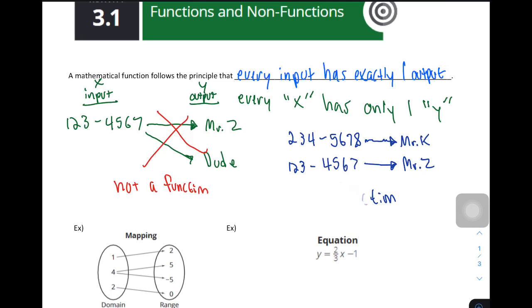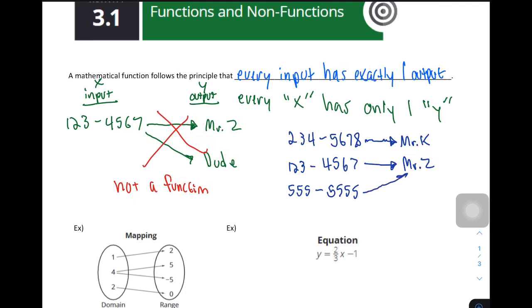Now, I'm going to throw in a special little case here, and let's see if we can figure this out. Because I'm a very busy man, and I have a lot of contacts, I actually have two cell phones. So I have a second cell phone, where that phone number is 555-5555.